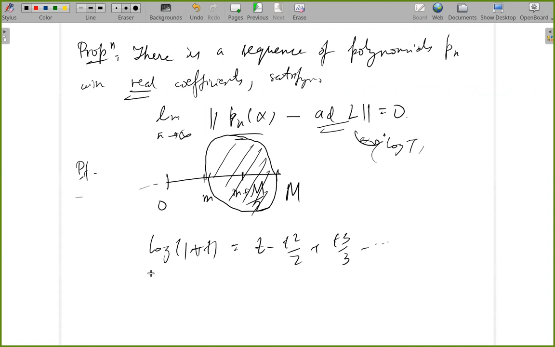So now I want to take logarithm of add L, really. Yes, so this was for alpha.